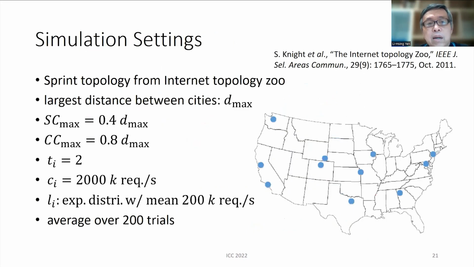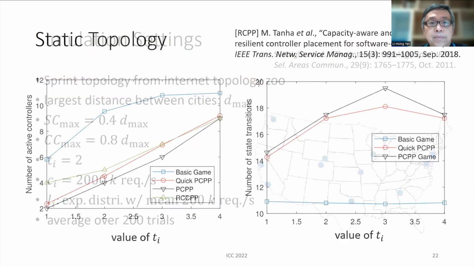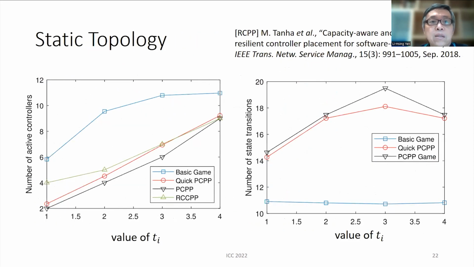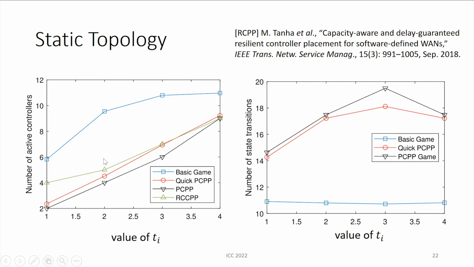We have conducted extensive simulations for performance evaluation. Here is the simulation setting. For static topology, we compared the 3 games with the existing approach here. On the left-hand side, we can see that the number of active controllers is lowest with the priority game, which is good.